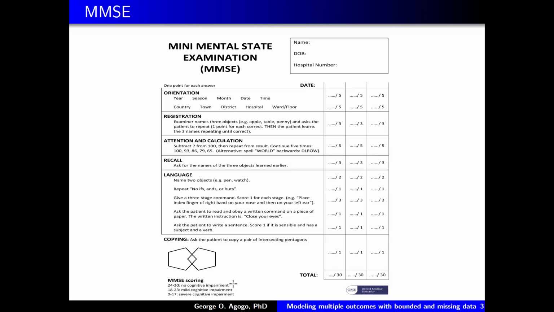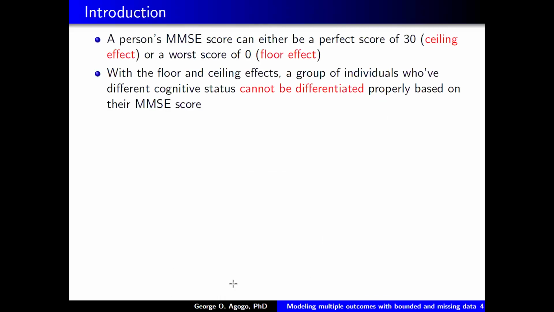Okay, and also people scoring 0 doesn't mean that they have the same cognitive status. It's just due to the artifact of the tool that is being used here. And that's one of the aspects of this research where I want to show one of the ways to model such data.